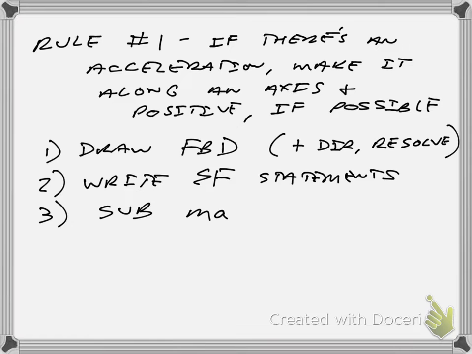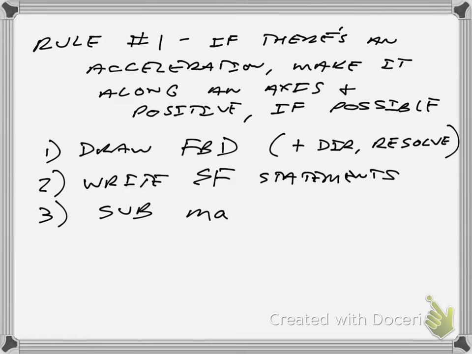But rule one says that if there's an acceleration, make it along an axis and positive if possible. We've seen this even from projectiles, right? I insisted on making down positive just because that's the direction of the acceleration. I was kind of setting the stage for where we're going here. Now, can you work a problem with the acceleration being negative? Well, sure. You just have to remember that it's negative every time you plug it into your calculator. So that seems silly to me.